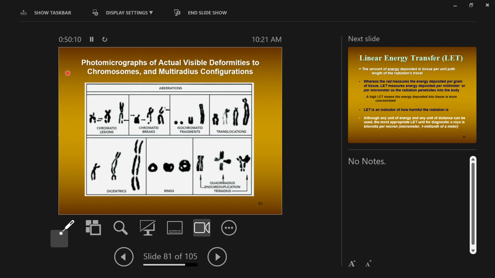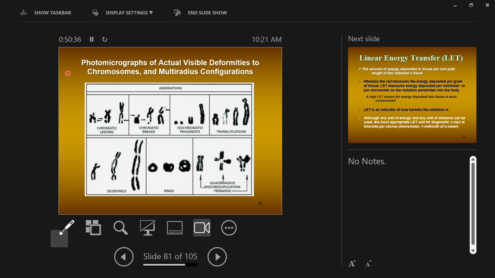Other interesting things: translocations, where a piece of a chromosome breaks and attaches to a nearby chromosome. Dicentrics, where if you look here, there's one set of chromosome, there's another set, attached end to end. Lots of radiation exposure broke a lot of pieces of the strand, and those strands reattached end to end with another chromosome.